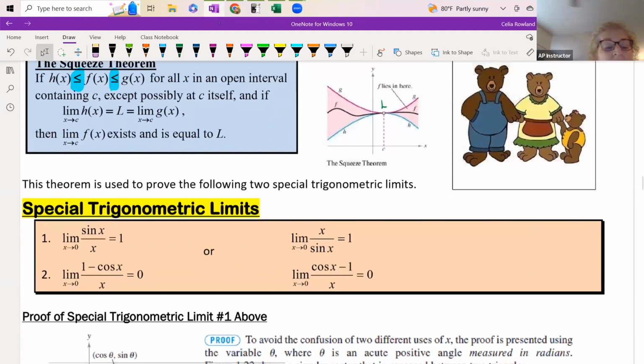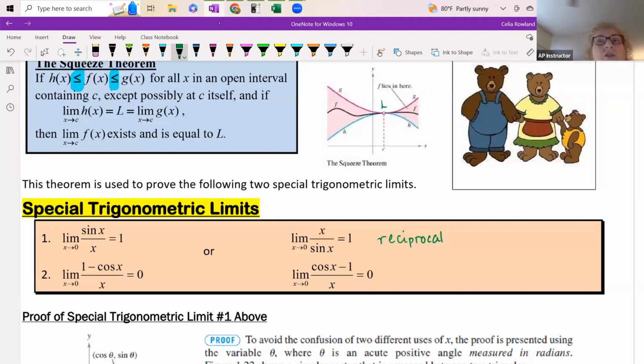Right here. And so we're going to use that squeeze theorem to actually show that. So we have two things that you have to pretty much memorize because they're going to show up everywhere, okay? That the limit as x goes to 0 of sine x over x is 1, or you can reciprocate it. So this is the reciprocal, because flipping 1 is still 1, right? Also, if you take the limit as x goes to 0 of 1 minus cosine x over x, or cosine x minus 1, either way, that goes to 0.